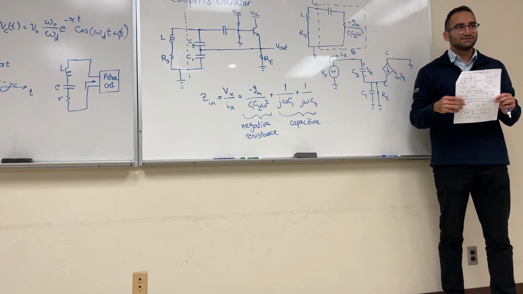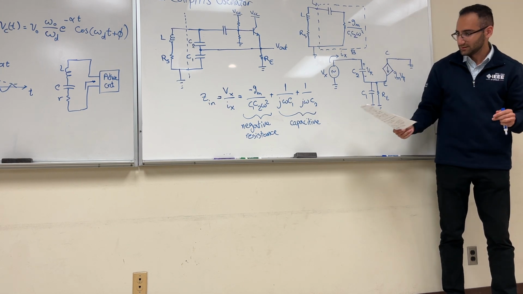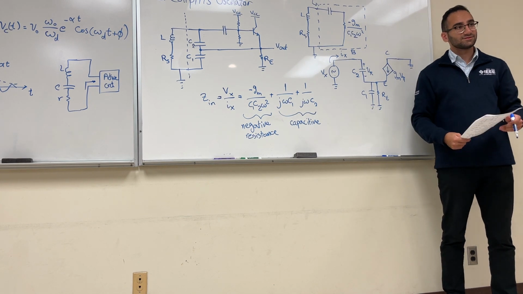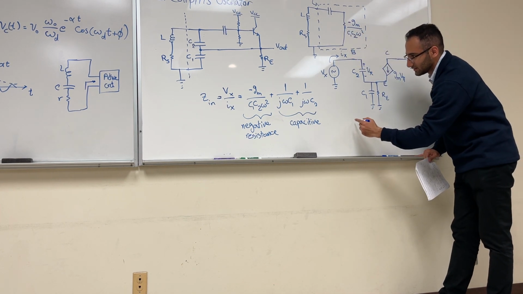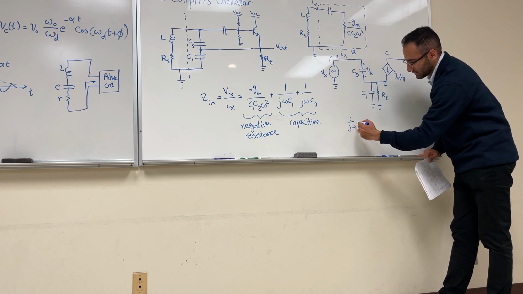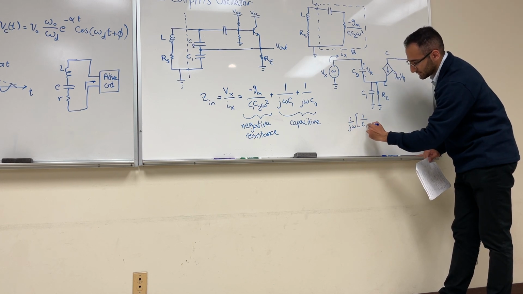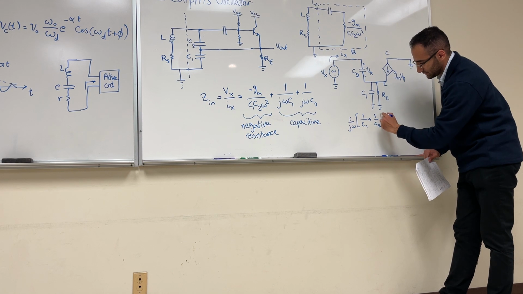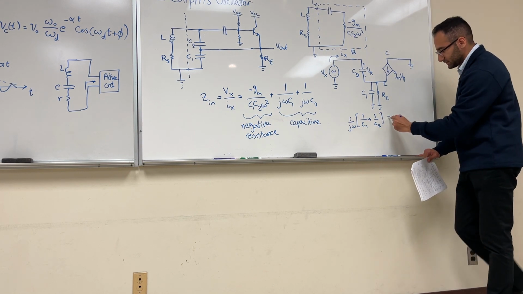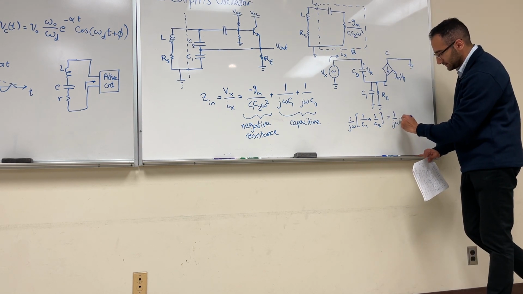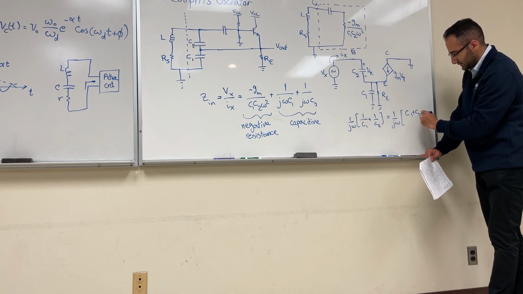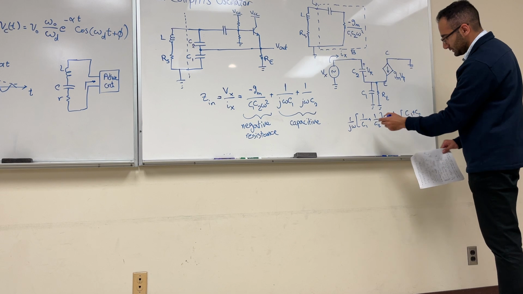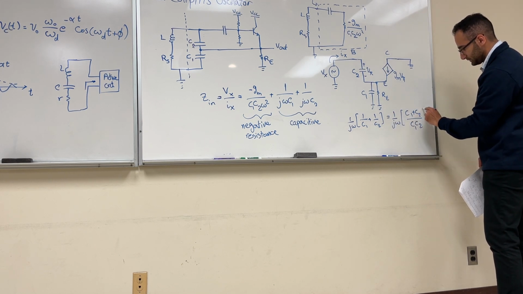It's going to be the 1 over j negative C, right? That's going to be the impedance of that, that's right. So the impedance of this capacitor is going to be 1 over j omega times 1 over C1 plus 1 over C2, which is 1 over j omega times C1 plus C2, and then over C1 C2.